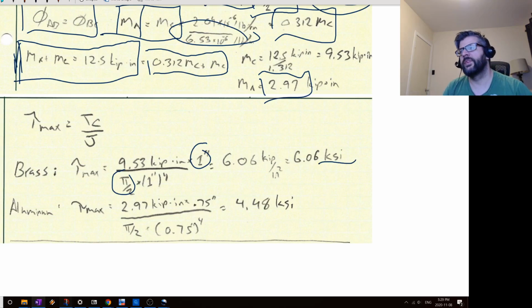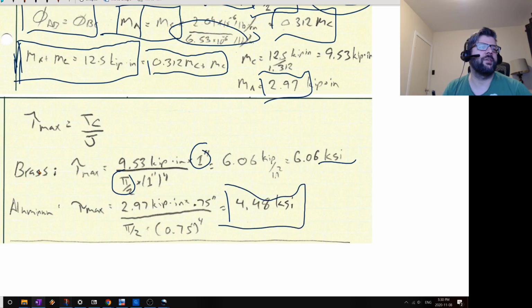For aluminum, a similar calculation: 2.97 kip inches times 0.75 inches for the radius divided by pi over 2 times 0.75 inches to the 4th gives us 4.498 KSI.